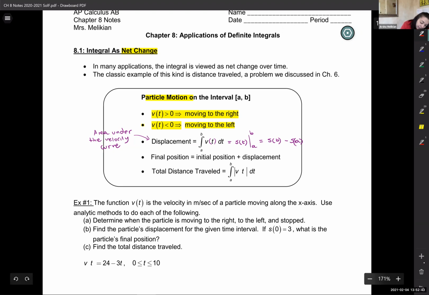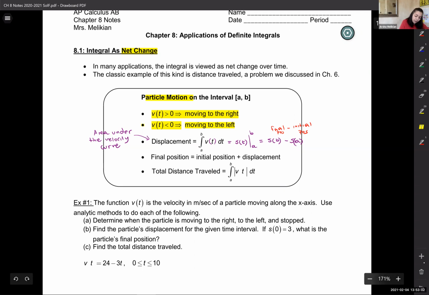What is that? That's final position minus initial position. That's displacement. So do you see how it falls straight out of the integral?